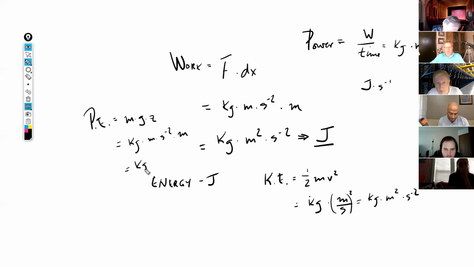That's kilogram meters squared per second squared. So again, potential energy and kinetic energy are all in joules. You just have to be aware that when you put stuff into SI units, it makes life a whole lot easier because everything works.